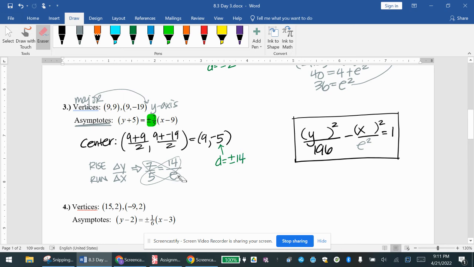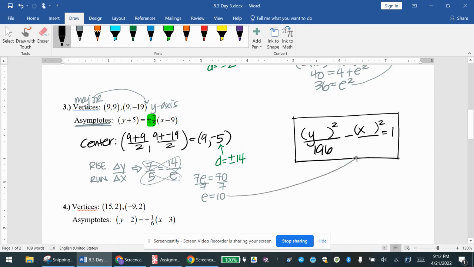So there's my change in y, and my job is to find the change in x, because that's going to be the e. Okay, so I cross multiply, I get 7e equals, then go ahead and do 14 times 5, divide by 7, you get 10. And then we can square it to get e squared.